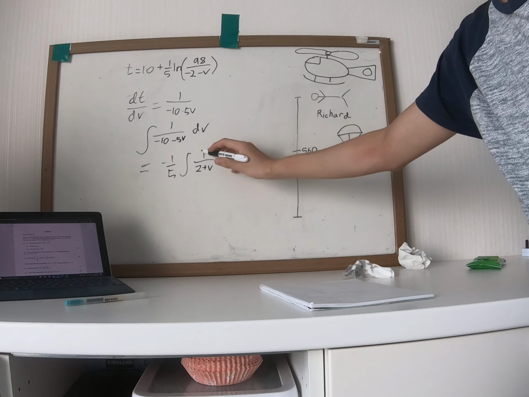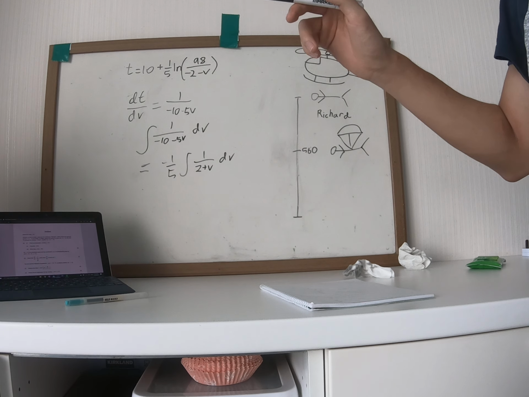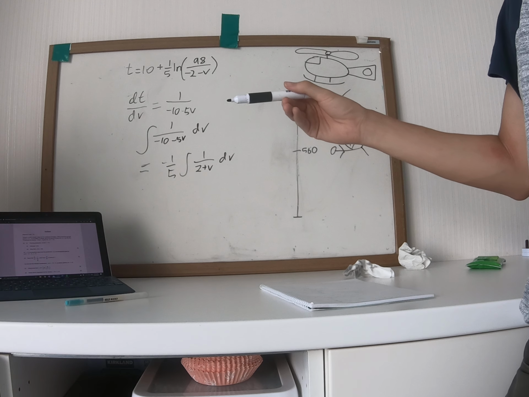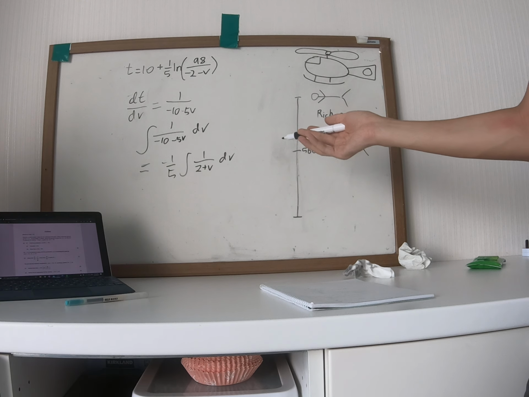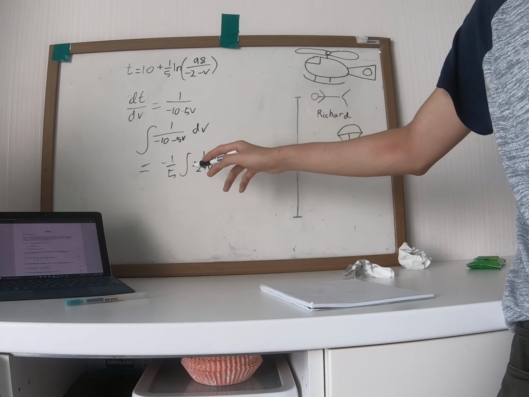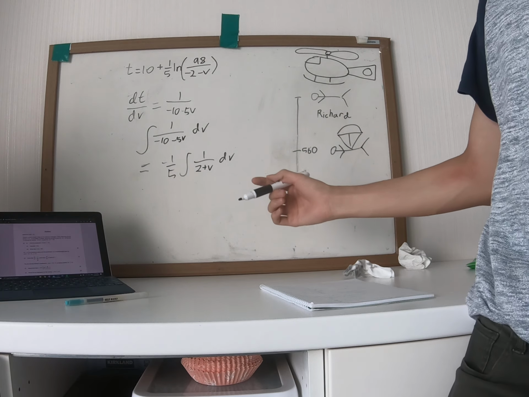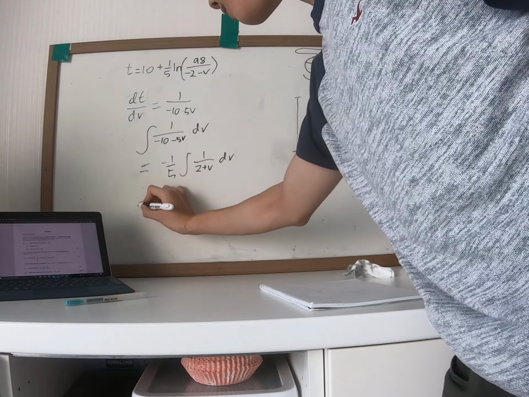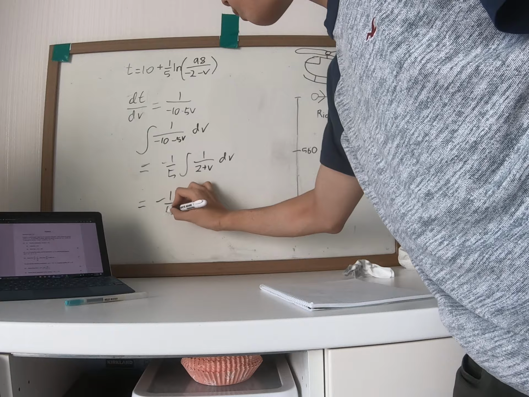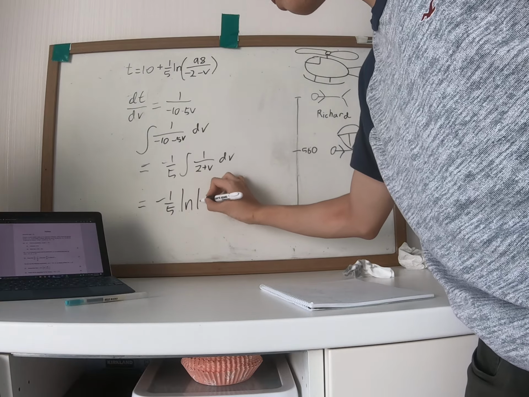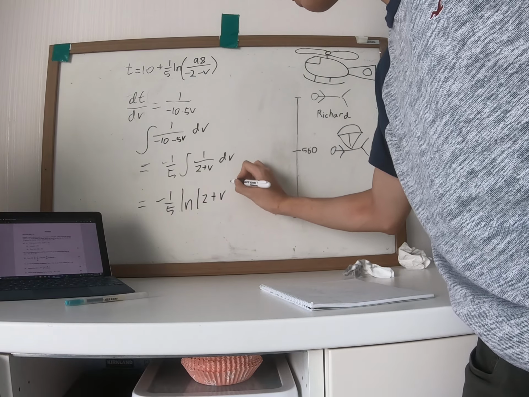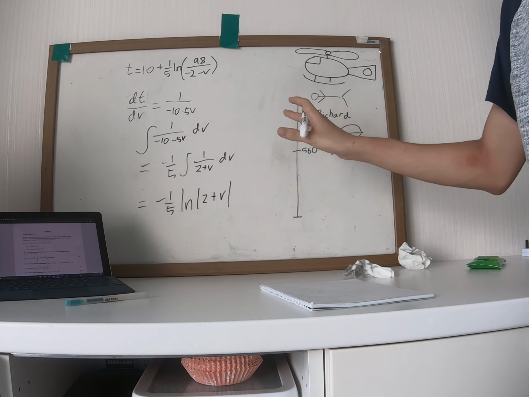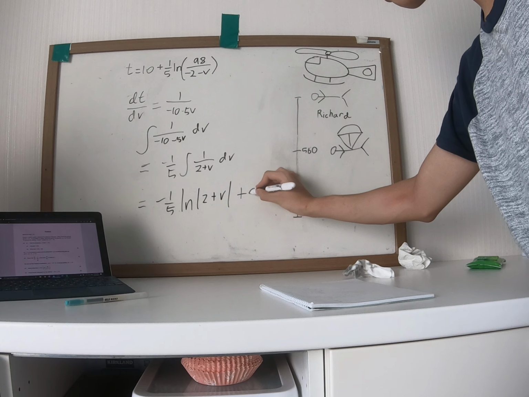We know that here is a relationship of f dash x over f x, and that can be simply calculated as ln absolute value of f x, and that is shown in our data booklet. So if we do that, we get negative 1 over 5 ln absolute value of 2 plus v. Note, this is an indefinite integral. You might make a mistake here, but don't forget the plus c.